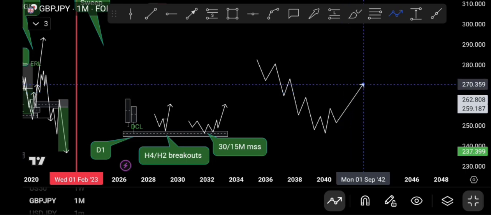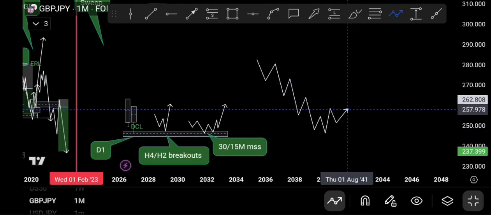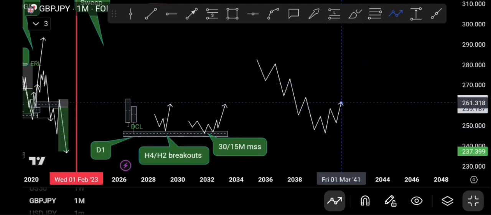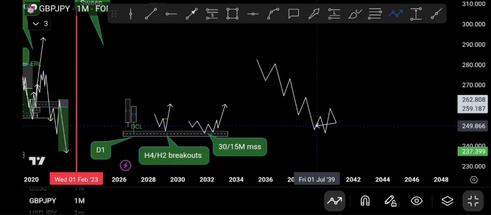Is price giving you a bullish intent? No. But when you have your daily candle liquidity checked, your 4-hour or 2-hour time frame breakout checked, and this structural move checked too, it is giving you a bullish intent.